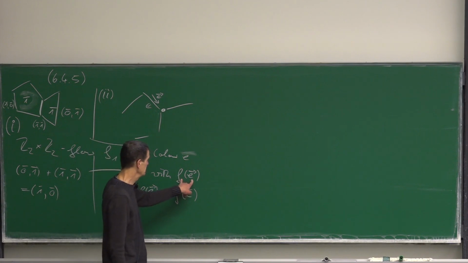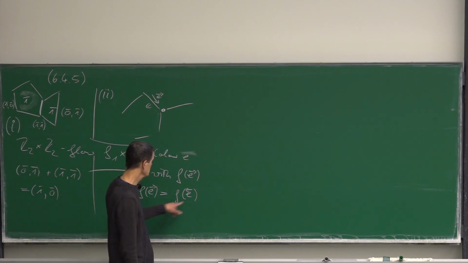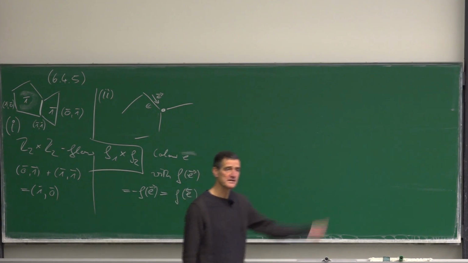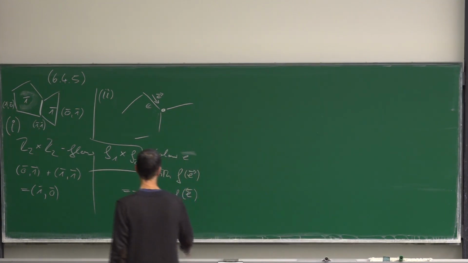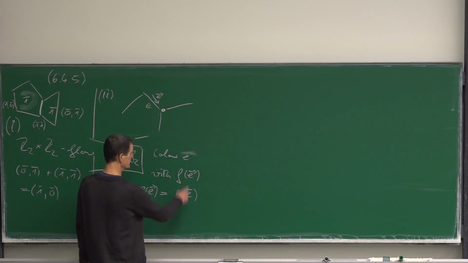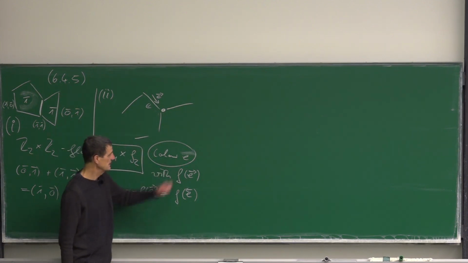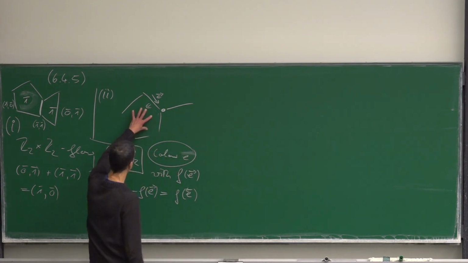So f of an oriented edge is the same as minus that value, which by axiom F1 equals f of the other orientation. So those two f values are going to be the same, and therefore we can color the unoriented edge e with this well-defined color.